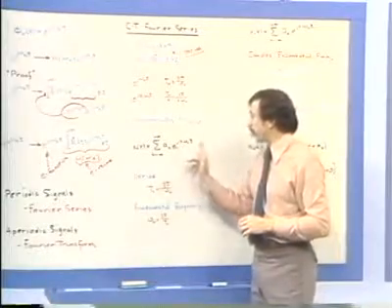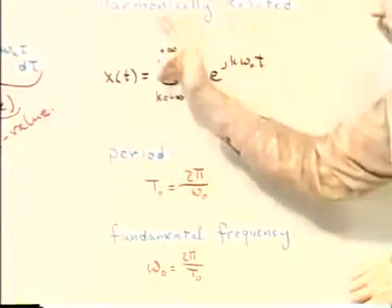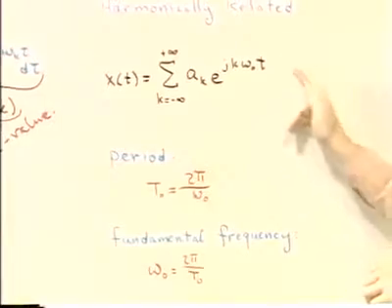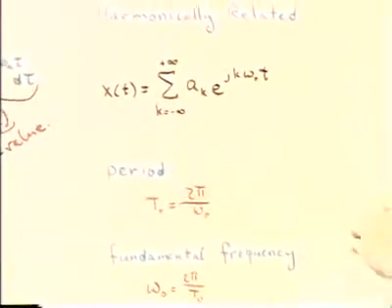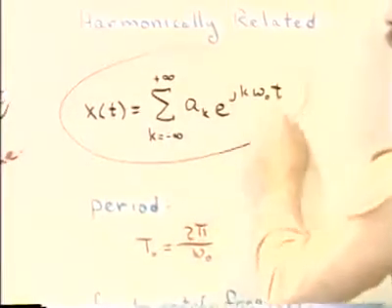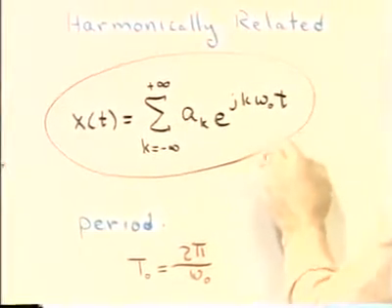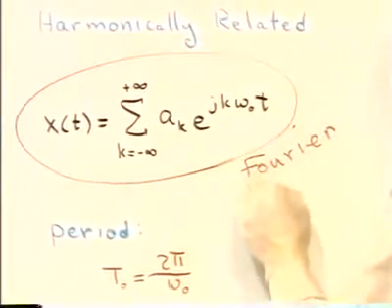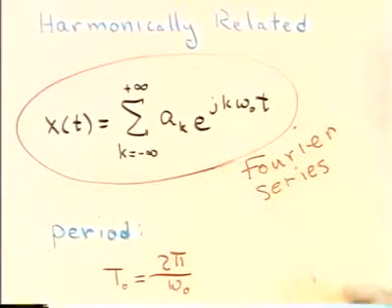So that representation is what I've indicated here, and this summation is what will be referred to as the Fourier series.